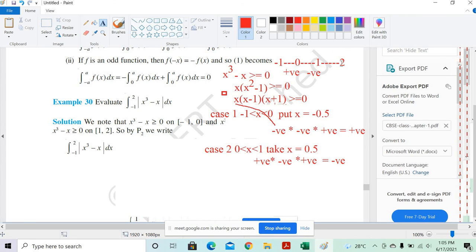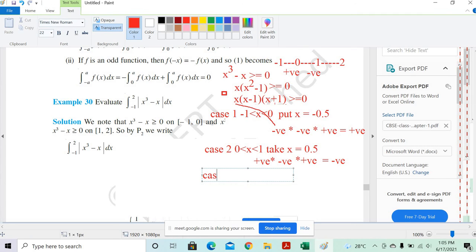Now between 1 and 2 we need to check. Case 3. Case 3 is 1 less than x less than 2, correct? Take x as 1.5. Is it okay? So for 1.5, the first value is anyway positive. 1.5 minus 1 is again positive.